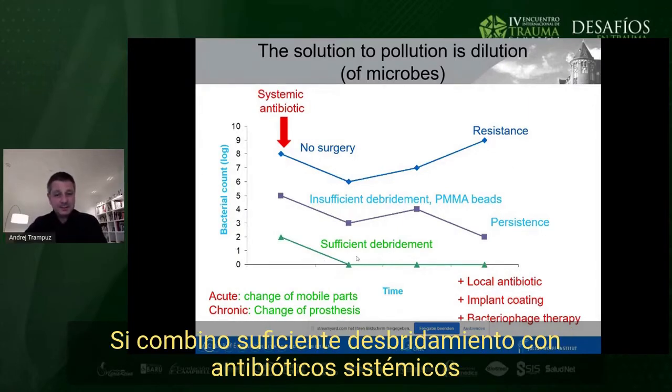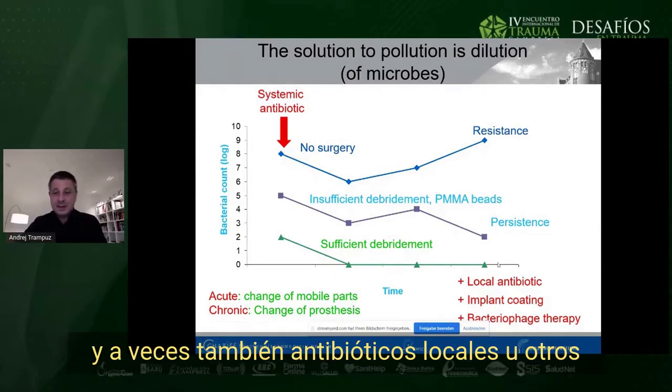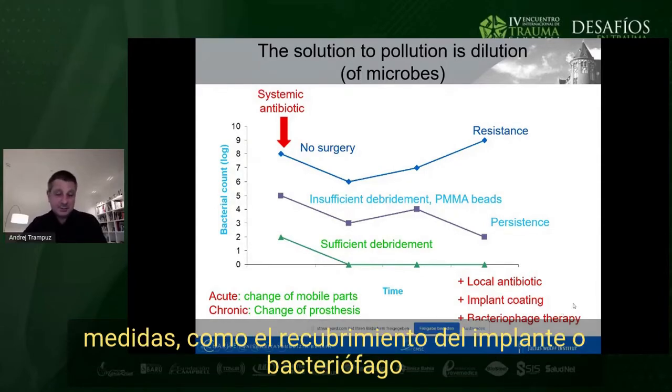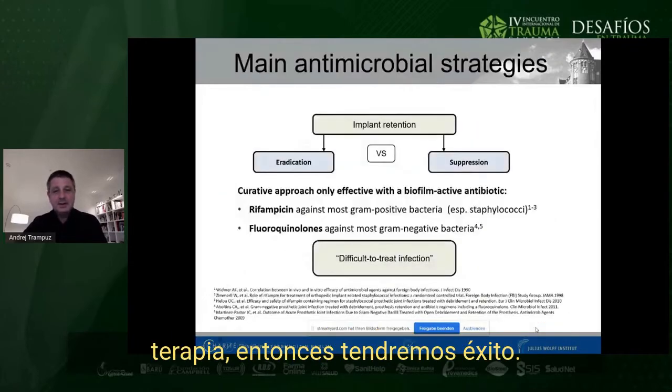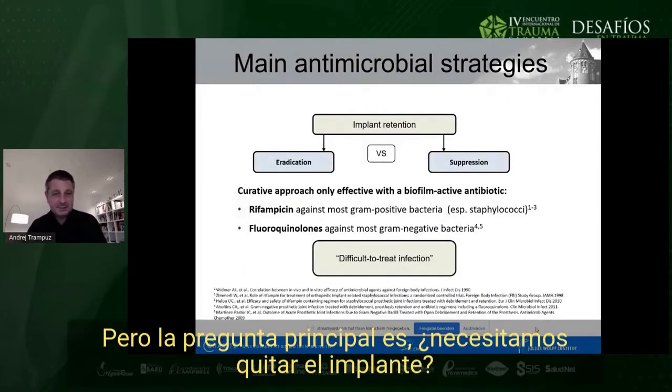Only if we combine sufficient debridement with systemic antibiotics and sometimes also local antibiotics or other additional measures, such as coating of the implant or bacteriophage therapy, then we will have success.